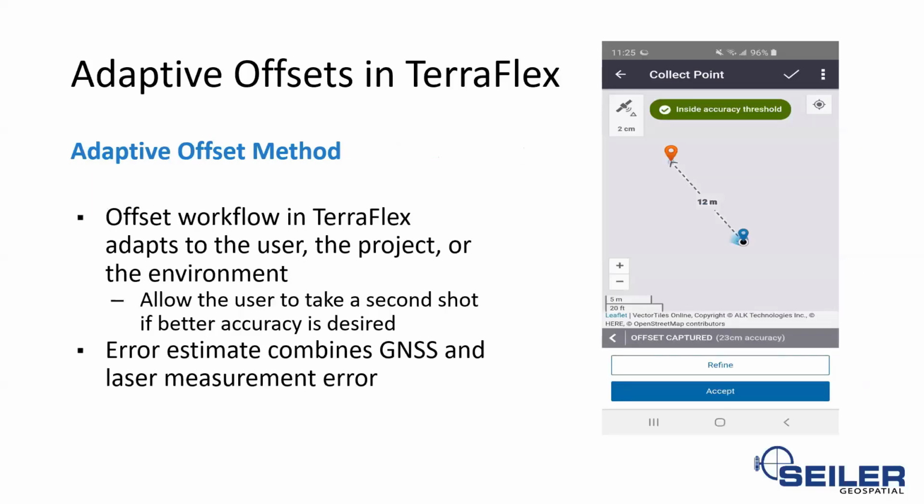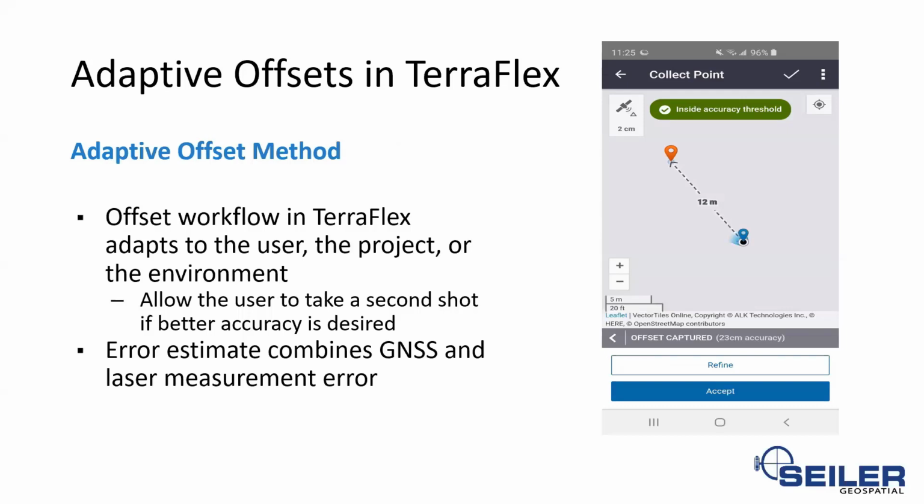The newer way within TerraFlex, and it will be kind of like a heads-up display on screen, follow the prompts. This is called the adaptive offset method. So within TerraFlex, this is new as of December last fall. You can do offset workflows within TerraFlex, again on Android, iOS, Windows 10, depending on what platform you're using and what laser you're using, which we'll get into.